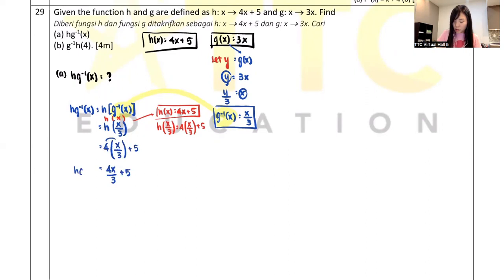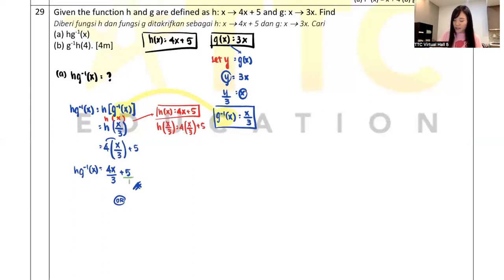So guys, you can stop your answer like this also. Some of my students will combine them together. You want to combine, become one fraction also can. Don't want to combine also can. But just in case some of you want to combine them, I show you how, okay? Whenever a fraction and a non-fraction, you want to combine them, actually you learn this in primary school. You just need to make them the same denominator.